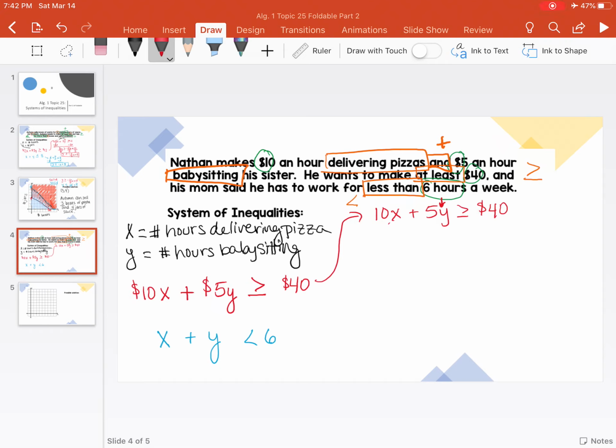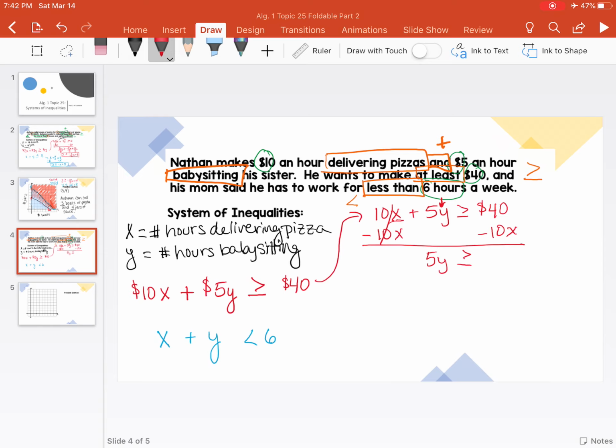In that case, we're talking about x. So we're going to subtract our 10x from both sides of our inequality. On the left side, it cancels, reduces to 0, and we're left with 5y greater than or equal to. Now our 40 and negative 10x, these are not like terms, so we cannot combine them.